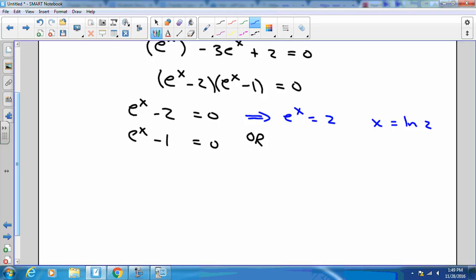Notice that again I'm using the inverse properties here. This would tell us that e to the x is equal to 1. What exponent is x if e to the x is 1? Exactly. So we can say either that x equals natural log of 1 or 0.